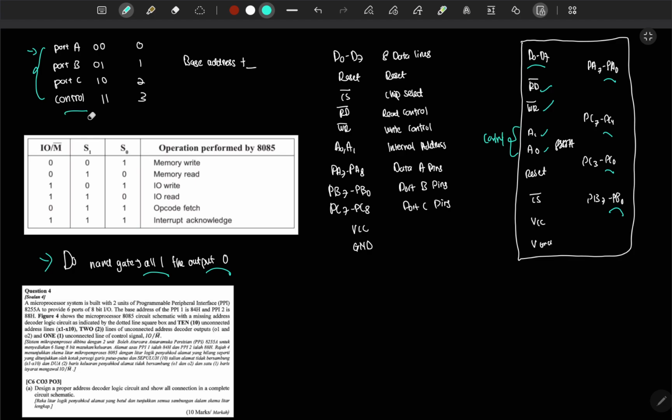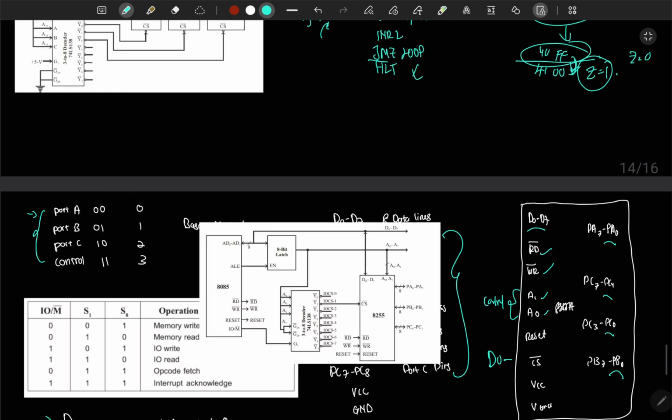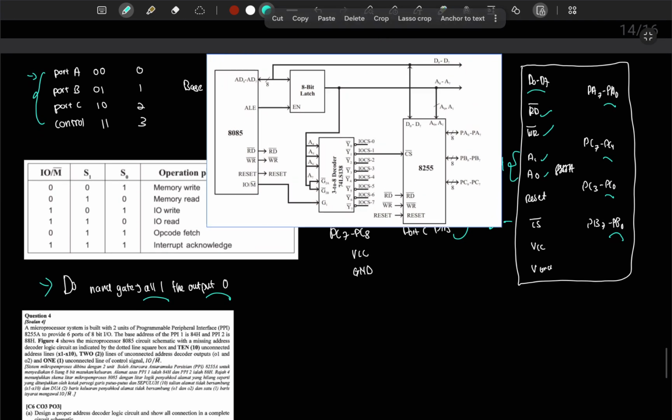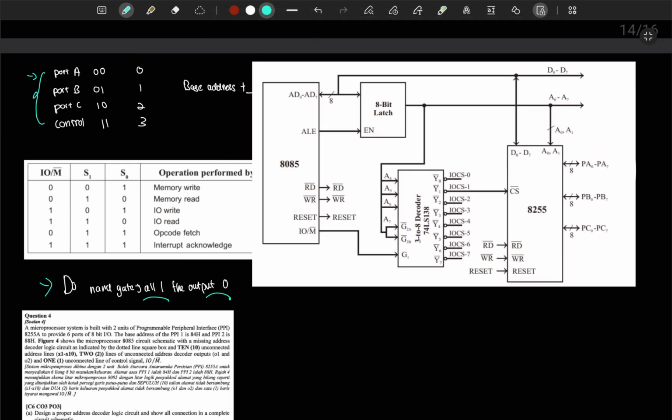Then we have reset, and a chip select, which we will be using with the NAND gate here. Then we have VCC and ground. These are the expanded notes on the list, and this is the picture.